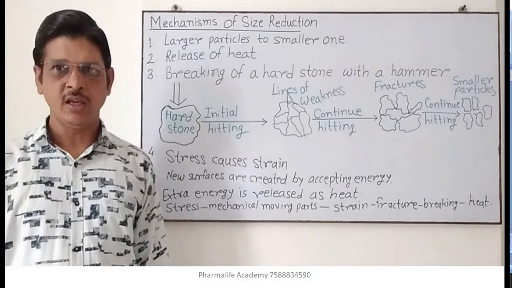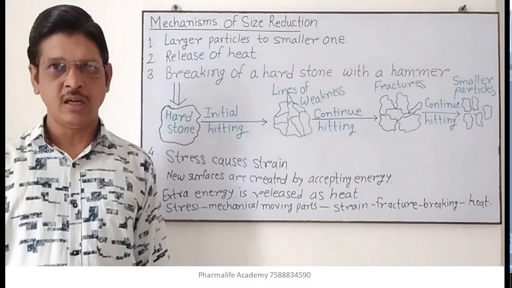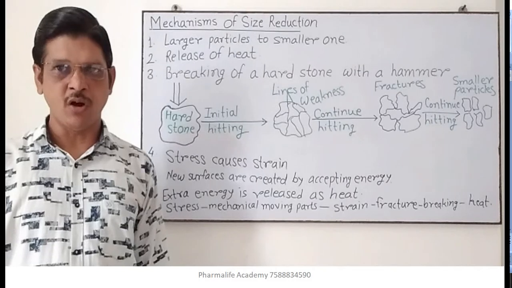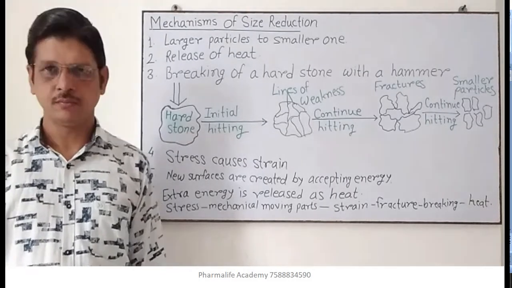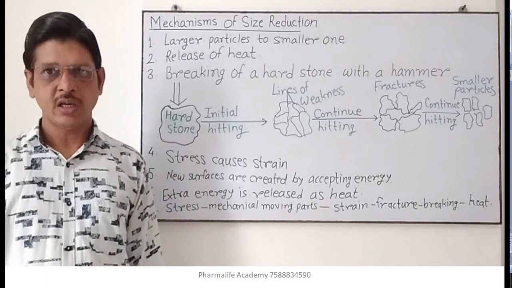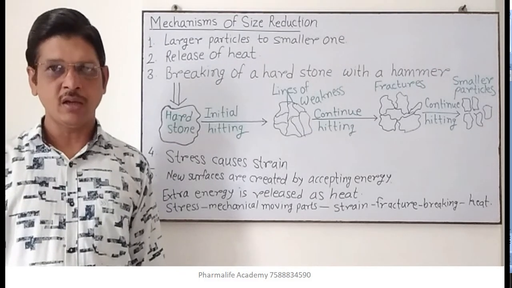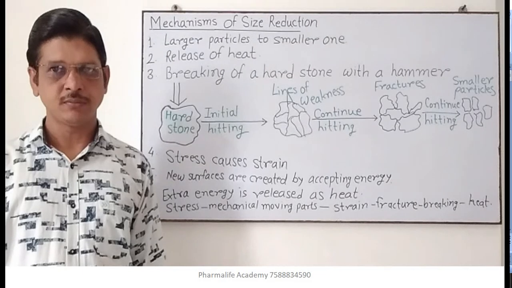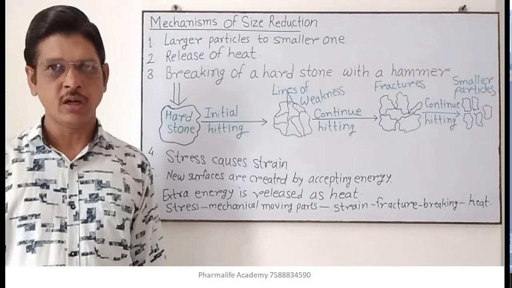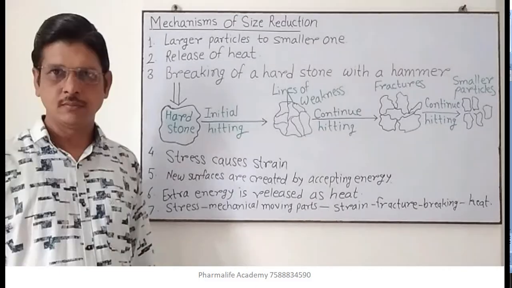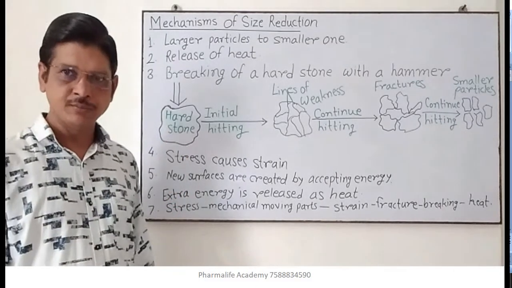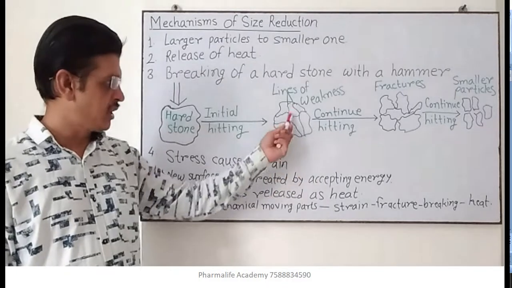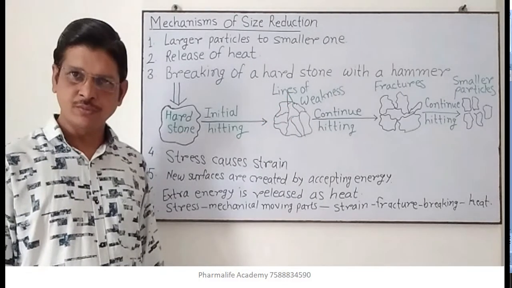To simplify the concept of size reduction, let's consider an example of breaking a hard stone with a hammer. Students, have you ever tried to break a hard stone with a hammer? If not, try it now. When we hit a hard stone with a hammer, initially such lines are formed on the stone.